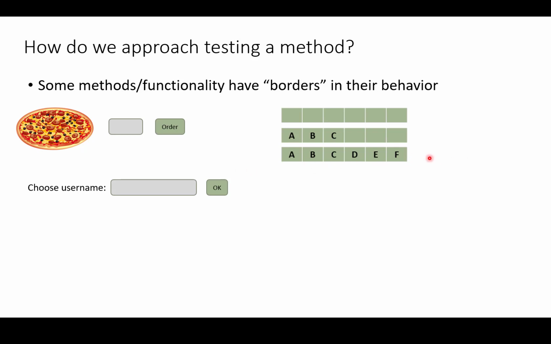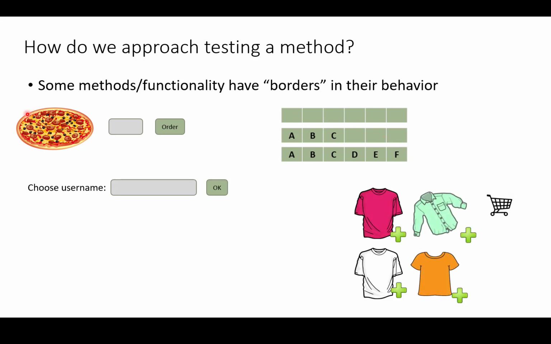It will actually double in size, but that means there's a border here between the maximum number of elements and the next one where we have some special behavior. So again, if I just insert B, C, D, E, I can expect that to behave identically. When I insert the last one here, that can be a change in behavior, so we have a border.